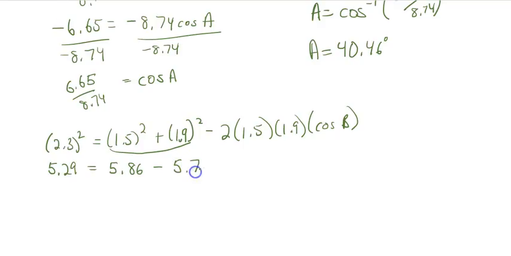I get 5.7, and I'm multiplying that by the cosine of B. Again, I have to subtract this part first, so minus the 5.86, and I get negative 0.57.